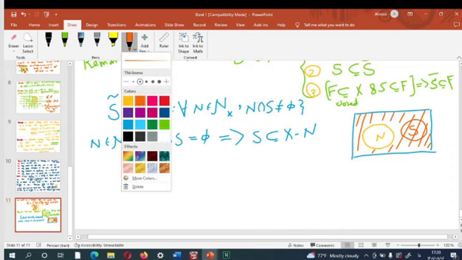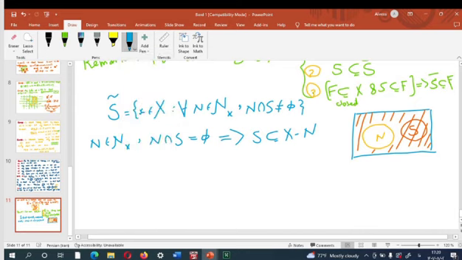And we know that this is a closed set because N is open.